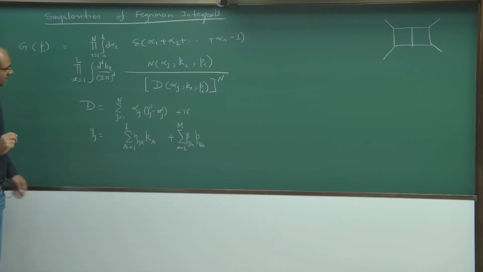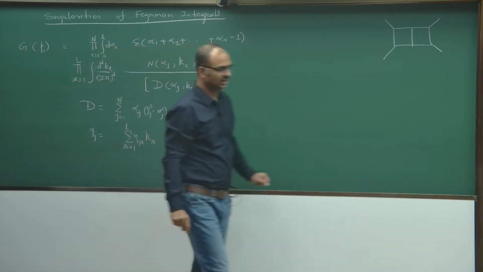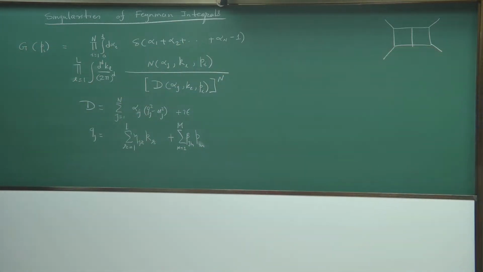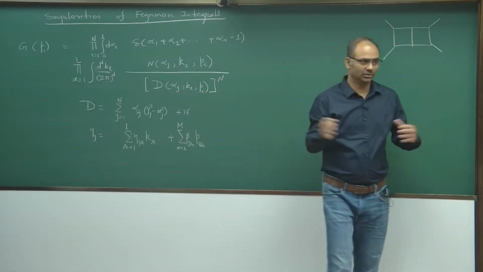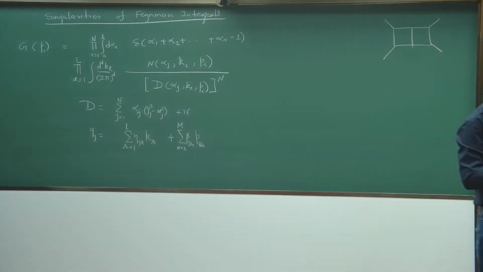Is it okay? Anything else missing? Okay. Now we want to know when is this integral singular, and we had two conditions. One, the denominator should vanish, so that you have potentially a divergence, a singularity, and second, the contours relevant to those alphas and k's should either get trapped or should not change the value of D if you were to change them.